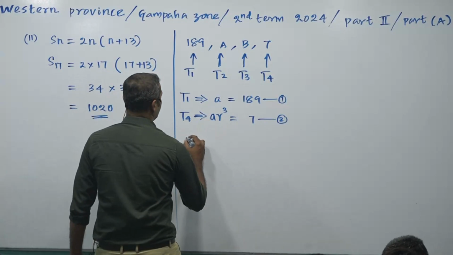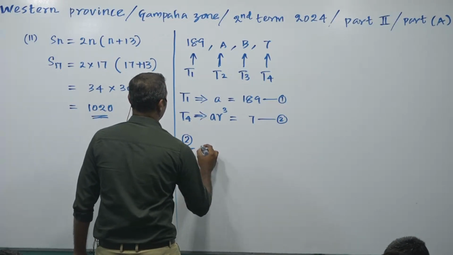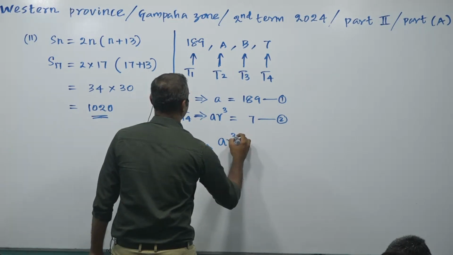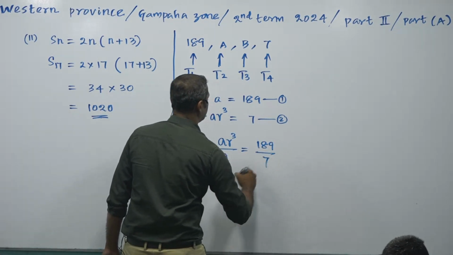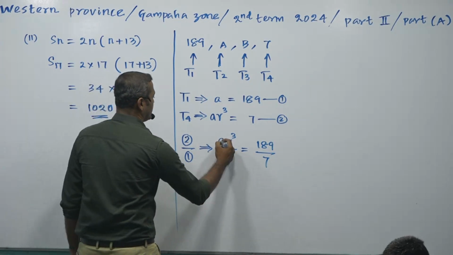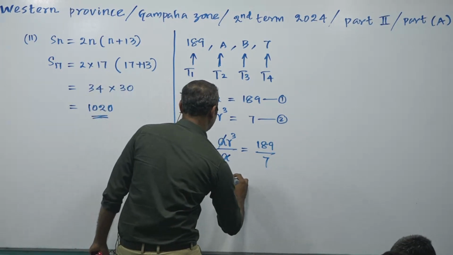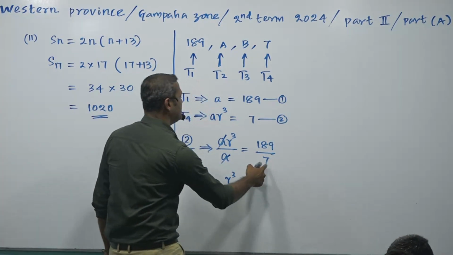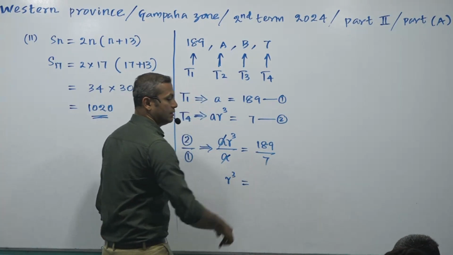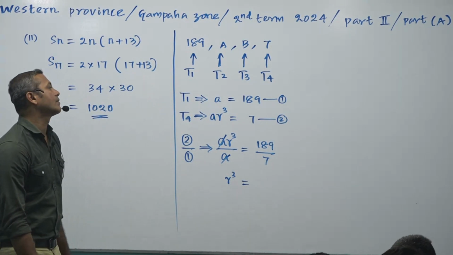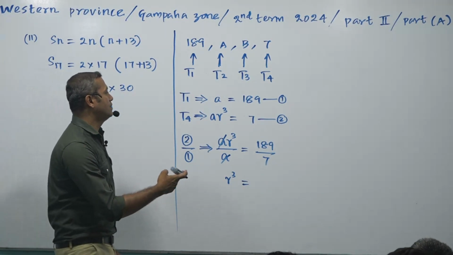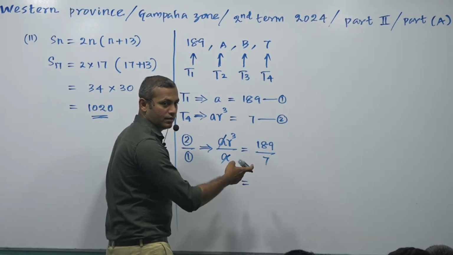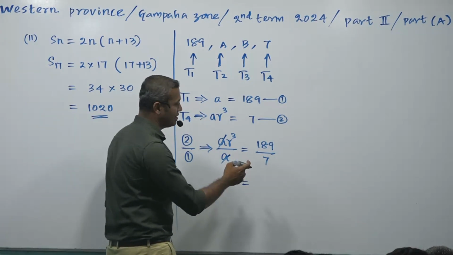So 2 over 1. A r to the power 3 over A. This is 7 over 189. Then A and A cancel. R to the power 3 equals, divide by 7, you will get what? Wait. Is this correct? Wrong. What's wrong with this?